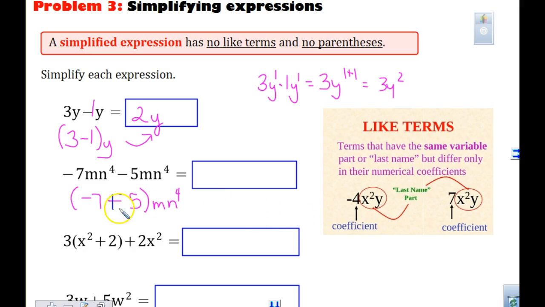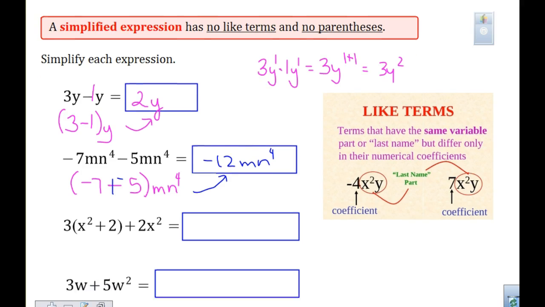Meaning, if I have a negative 7 plus negative 5, they're both negatives. It should be a bigger negative number, like further down. It's actually a smaller number, but we're going to add the 5 and 7. When we add 5 and 7, Wyatt, I'm going to end up with? Negative 12, and then I'm going to put m and n to the 4th.